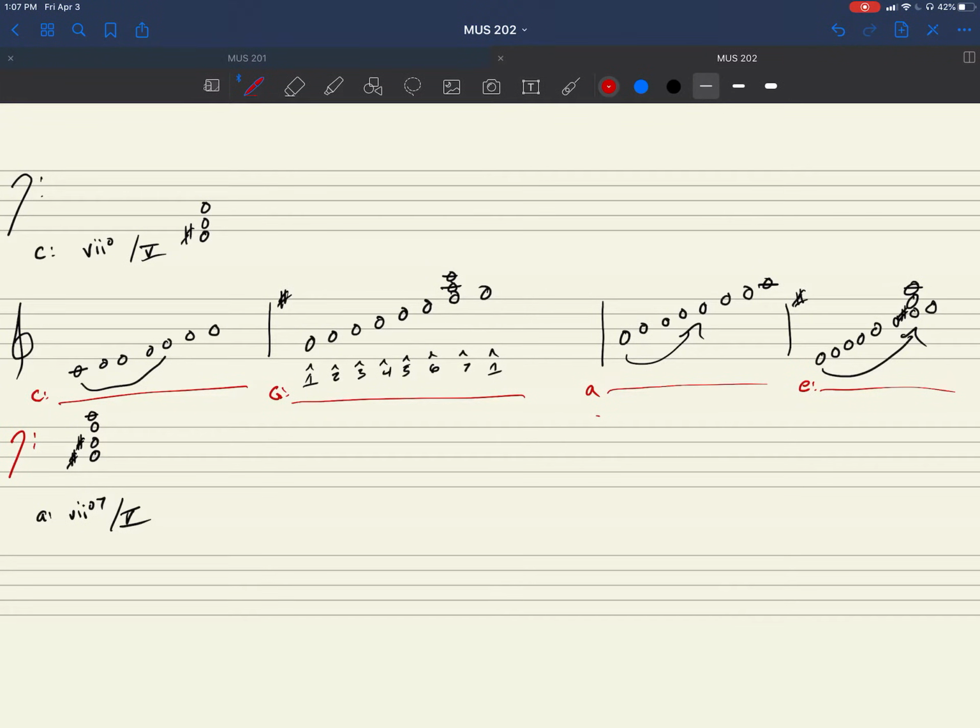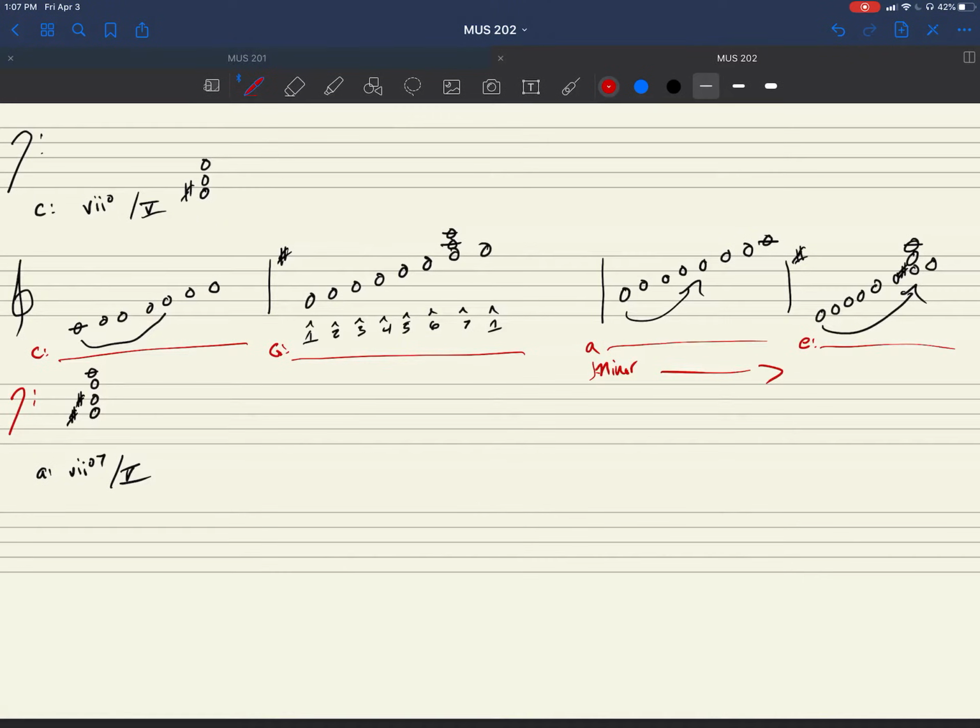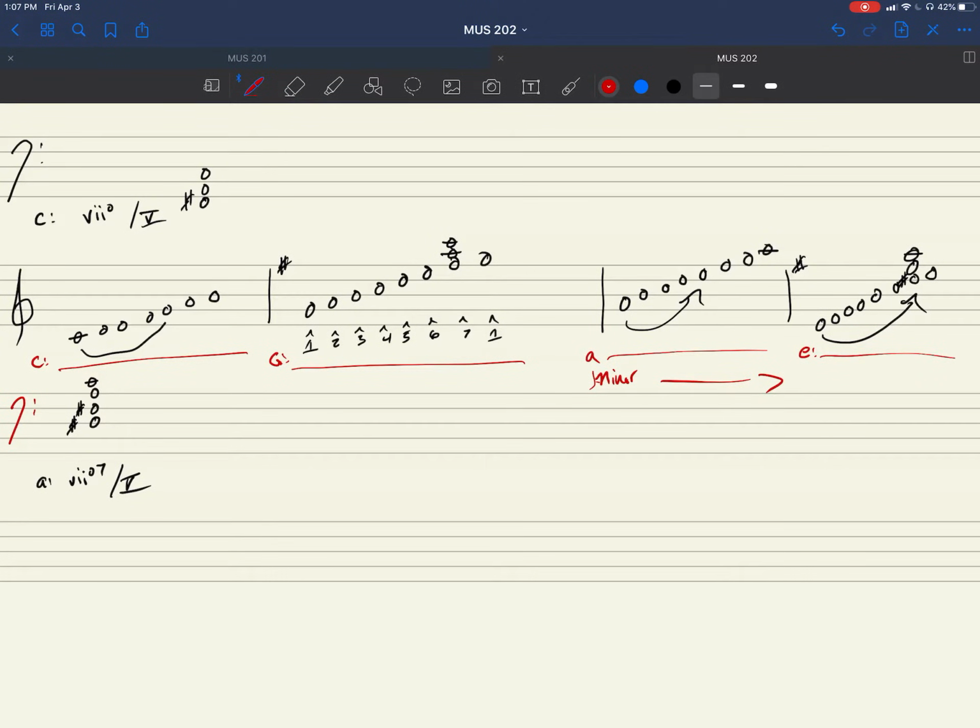If the first primary key is minor, then this guy needs to be minor as well. If it's major, you need to keep it major. So you've got to match the actual key with both the primary and the secondary key area.